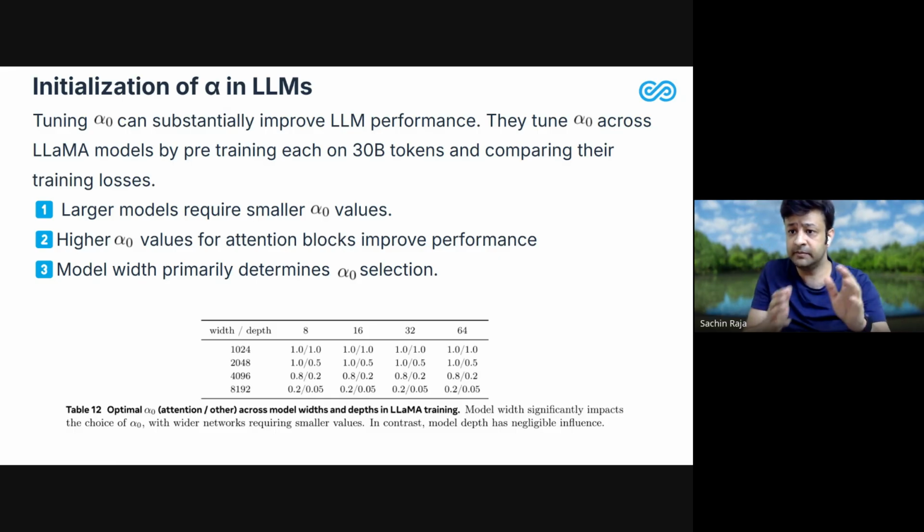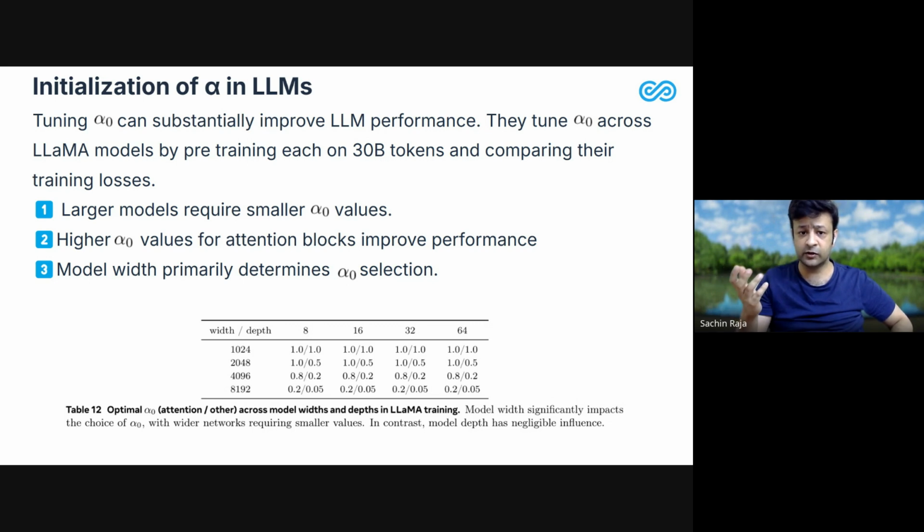Depth basically means the number of layers. That to me is not as important as the dimensionality of your model, which is generally 1024, 8192, and so on.